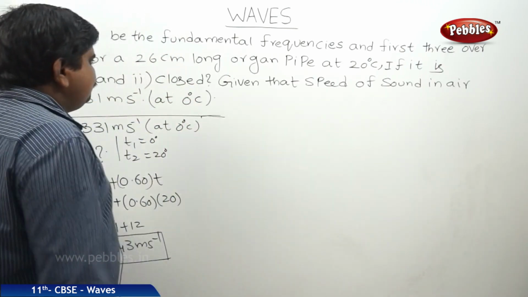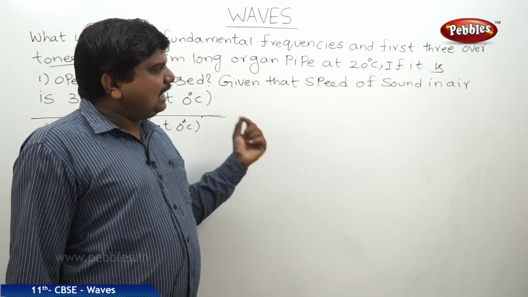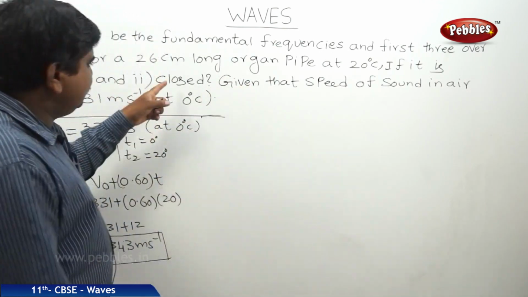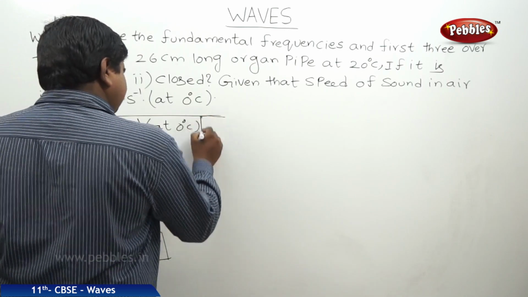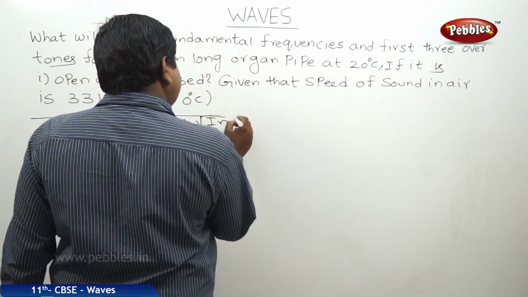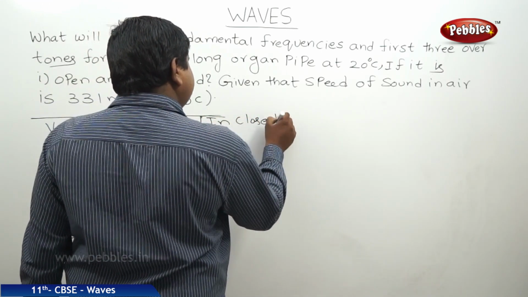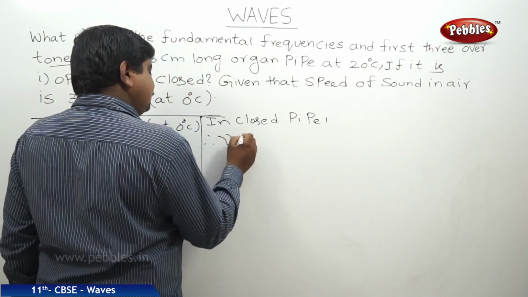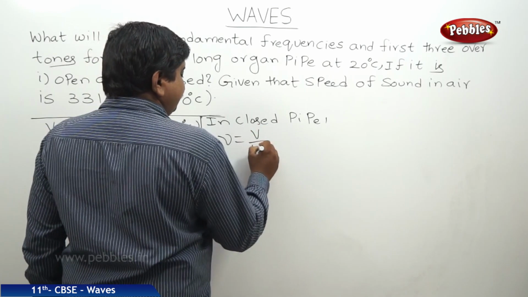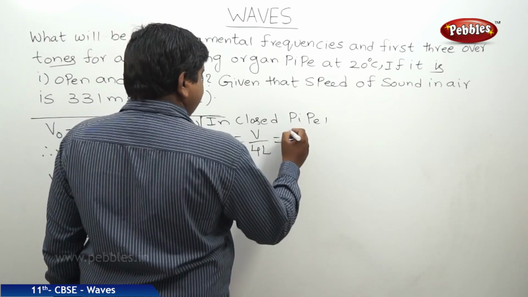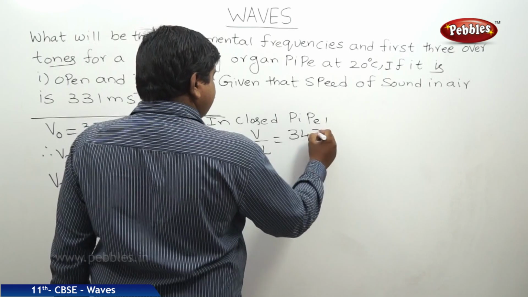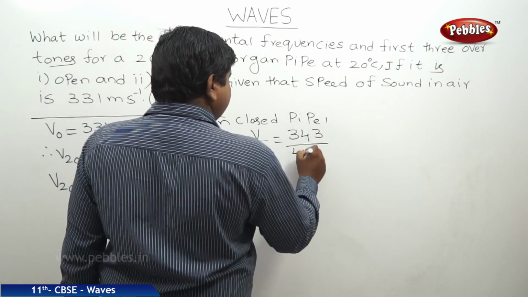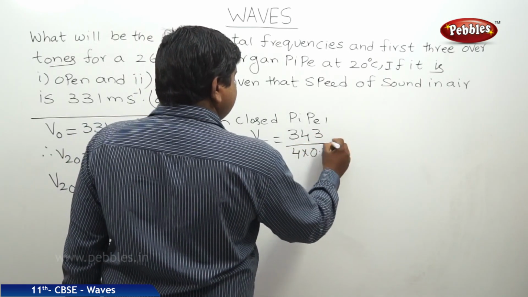The second case is that we should find the fundamental frequency and its first three overtones in the closed case. So, in a closed pipe, the frequency is V by 4L, where V is equal to 343 by 4 into L, which is 0.26.